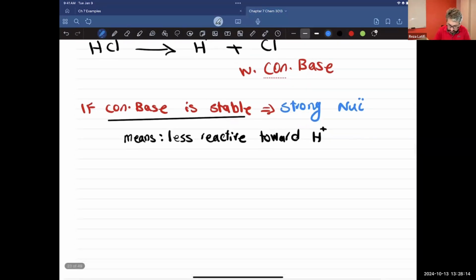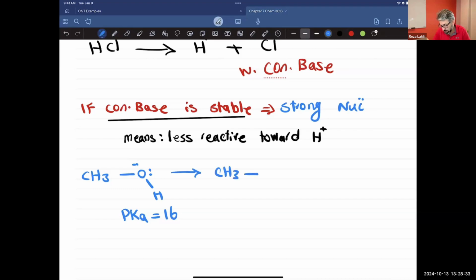But how about, for example, CH3OH? The pKa for this alcohol is something around 16. When you turn it to CH3O with 3 lone pairs on it plus H plus, I'm going to say the conjugate base is going to be a strong conjugate base.